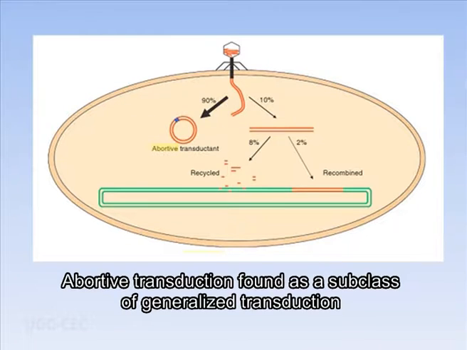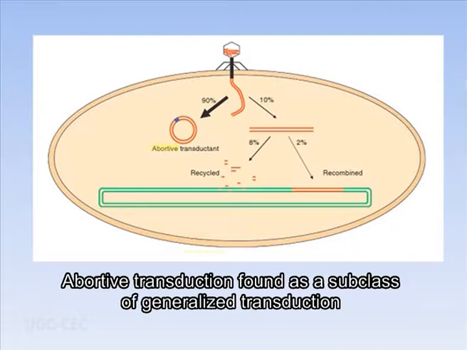So in this abortive transduction, the fragment which is coming in stays in the form of a non-replicating, unintegrated fragment. But the genes present on this fragment are capable of expressing themselves. Thus the cell becomes partially diploid, or functionally diploid, for that particular region of the chromosome.